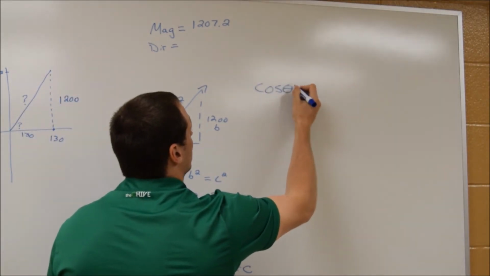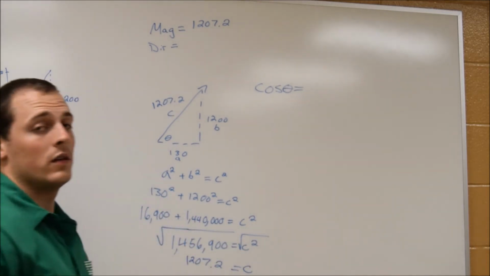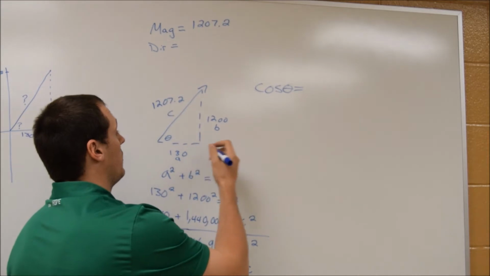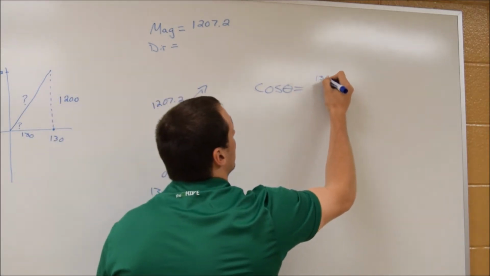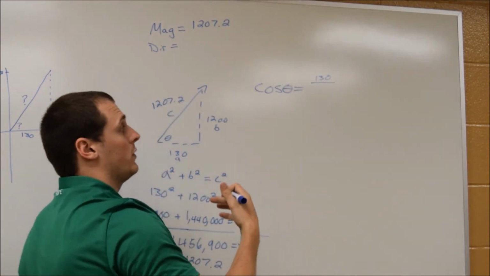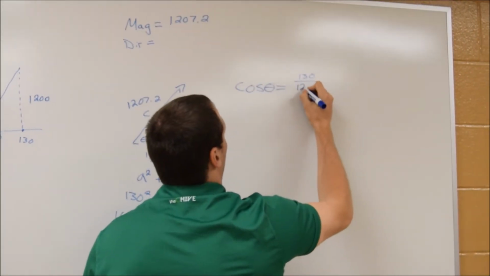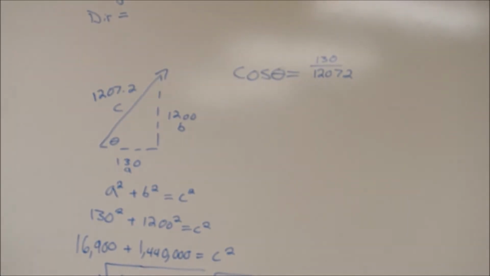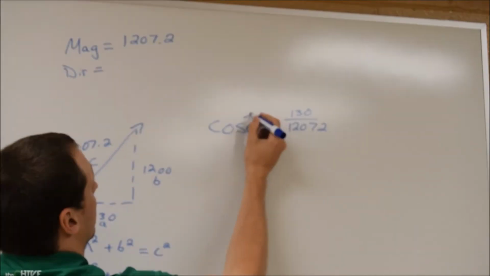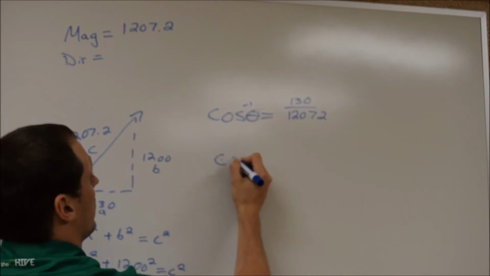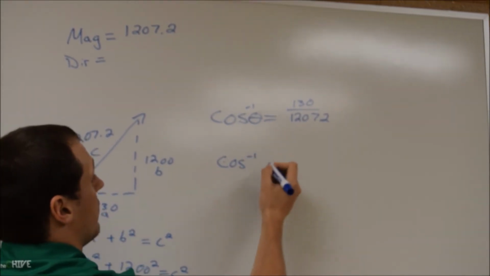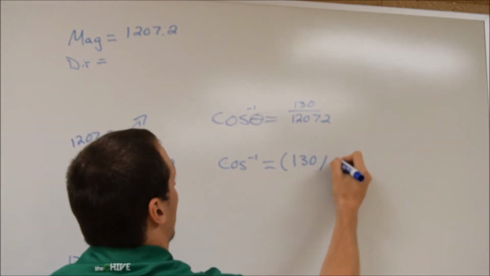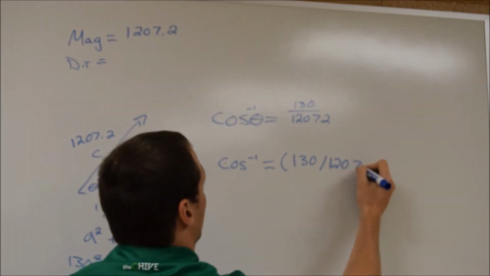So as we talked about earlier, the cosine is going to be the adjacent side, which we know to be 130, over the hypotenuse, which we just found out, which is going to be 1207.2. So when you put this into the calculator, it'll look something like this. So you will do the cosine inverse function of 130 divided by 1207.2.